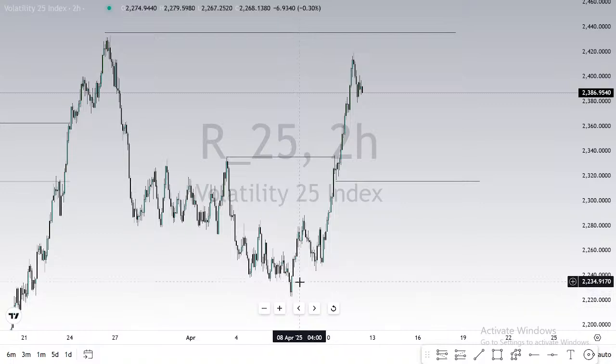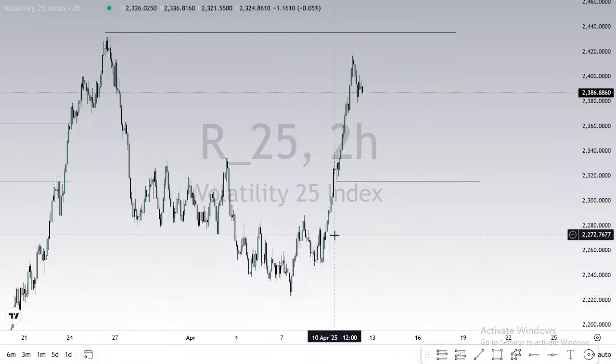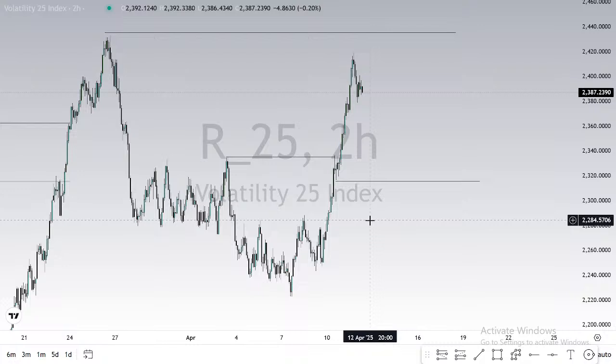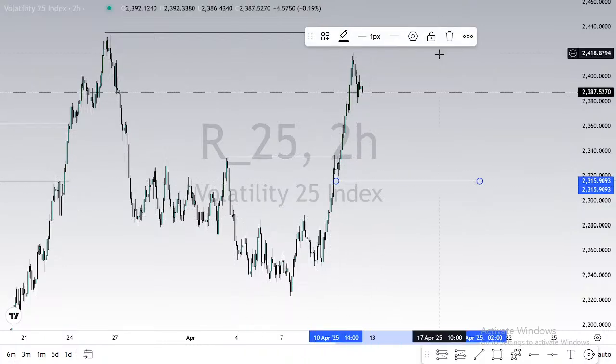But based on what the market is doing on the higher time frame, we had an impulse to the upside, which is really possible that market comes back to break this high. So what I am going to be expecting is market come back and break this low and use a fair value gap for continuation. Now, if I am not marking out a PO high, what I'm going to be expecting is an entry confirmation.